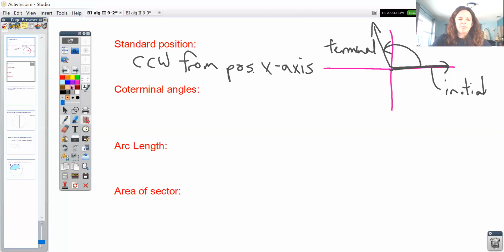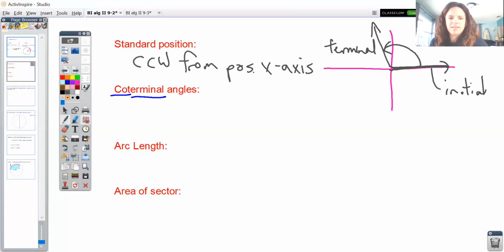We also have the vocabulary word of coterminal angles. Coterminal, think about the vocabulary. The prefix co means together or with, and terminal, we just talked about, that would be where they end, right? So these would be angles that end in the same place.